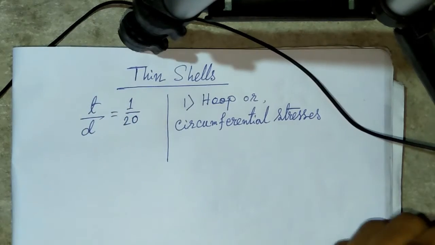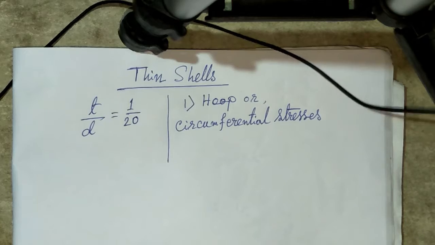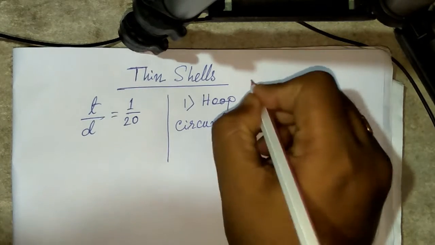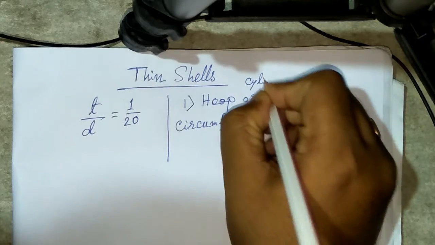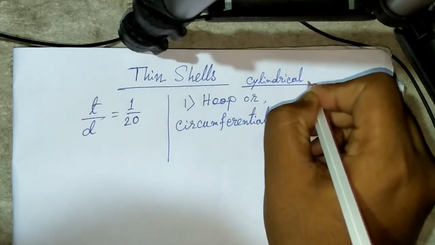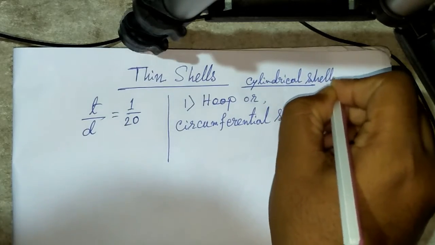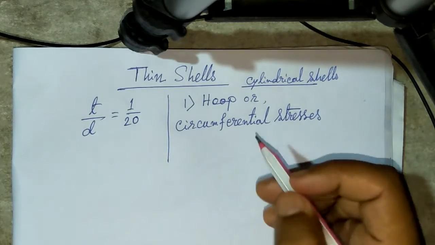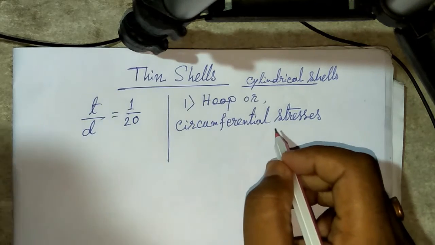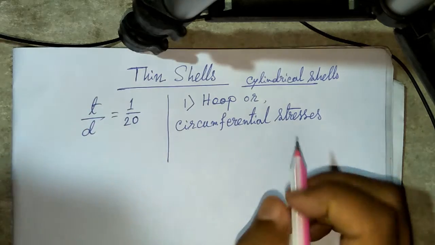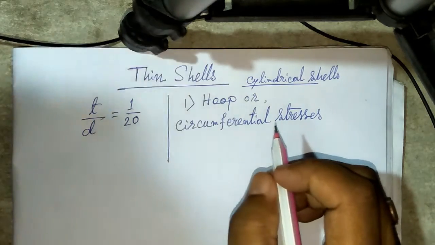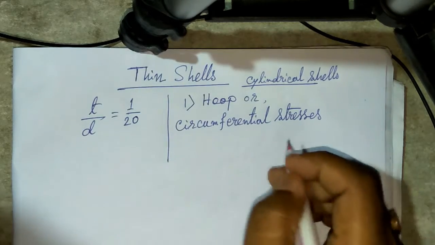In case of cylindrical shells, the first kind of stress that is generated is hoop stress or circumferential stress. This kind of stress acts in a tangential direction to the circumference of the shell.